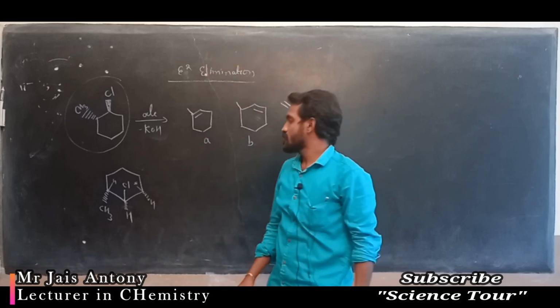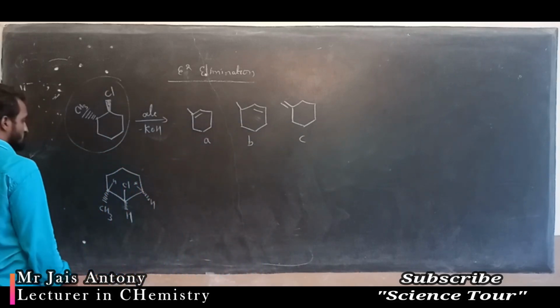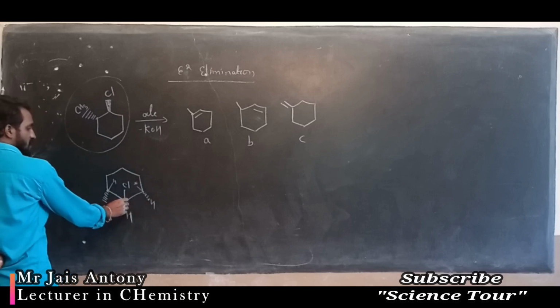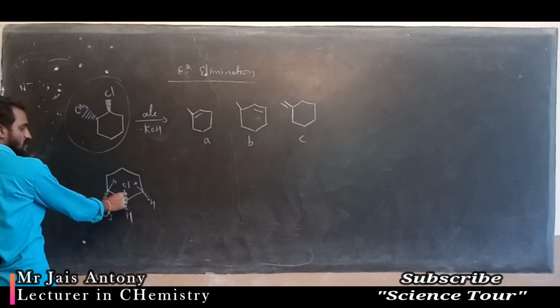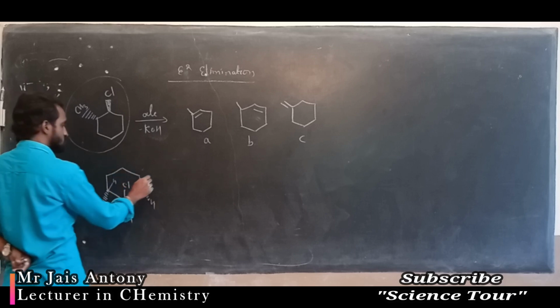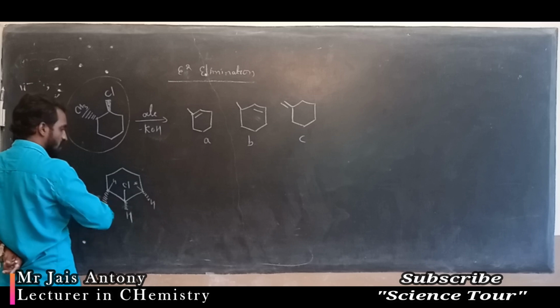Clear? Okay. Now beta elimination takes place from which group? Beta elimination means the halogen group will leave, and at the same time a base abstracts an H, that bond forms and gives an alkene.